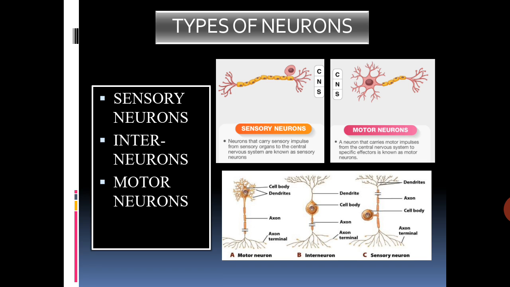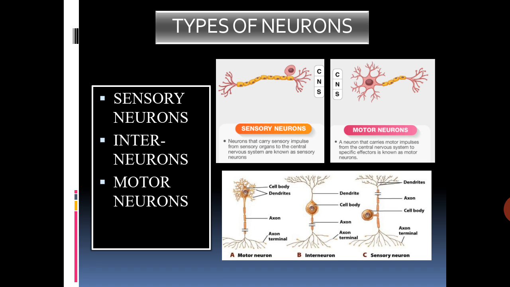Interneurons. These are found exclusively within the spinal cord and brain. They are stimulated by signals reaching them from sensory neurons or other interneurons or both. Interneurons are also called association neurons. And the third type of neuron is motor neuron.